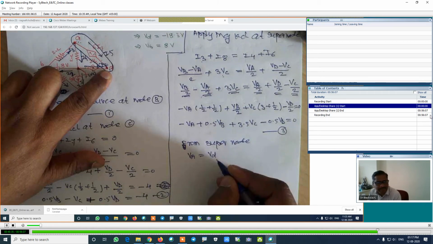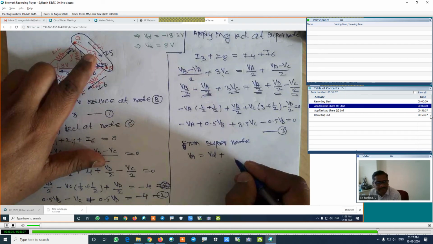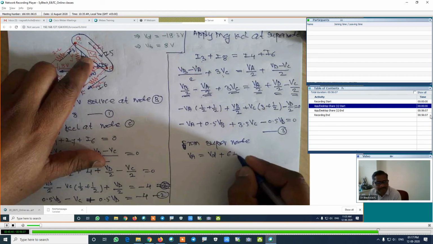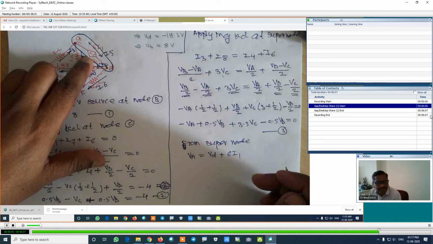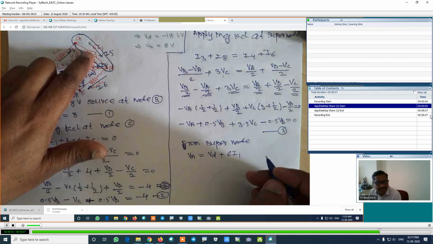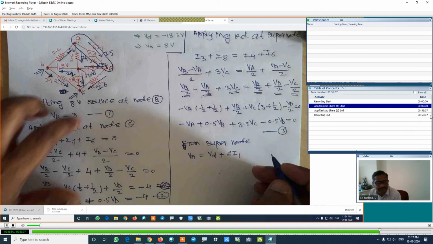Yes, it is VD. Negative to positive, that is a plus. This is the voltage source, 6 into I1. Are you getting me? We find the potential of a voltage source, we do not find the potential of a current source. Is it right? This is a voltage source, that's VD negative to positive plus 6 into I1, and this is the equation.